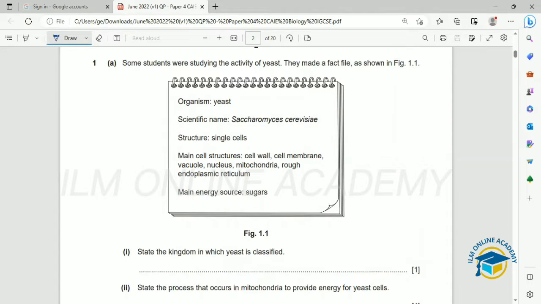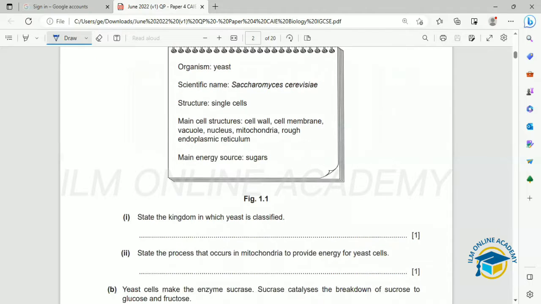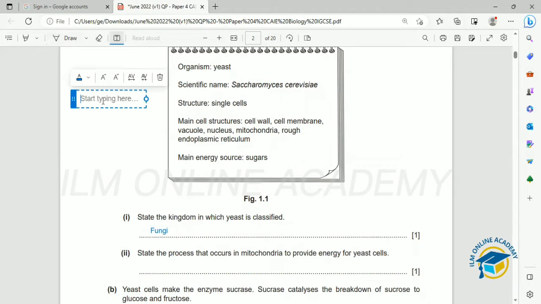Name the kingdom in which yeast is classified. So they are asking you which kingdom yeast is classified in. You would have studied it in the first chapter. Yeast is classified in the kingdom fungi, and I hope you're familiar with the kingdoms you have studied.